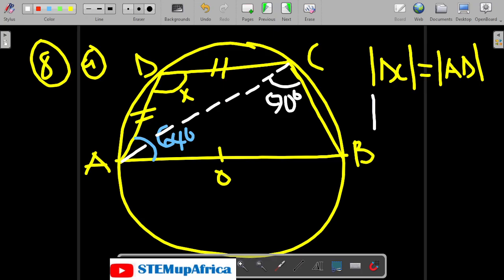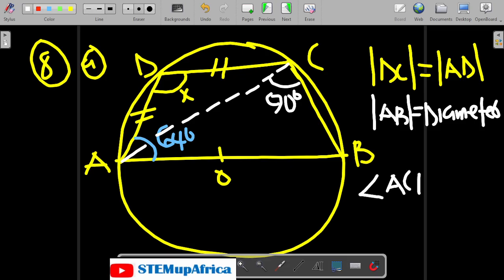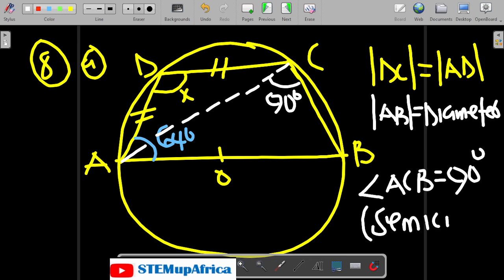Why? Line AB is a diameter, so angle ACB is 90 degrees. The reason is the angle in a semicircle, which is half of a circle, 180 degrees, a straight line.